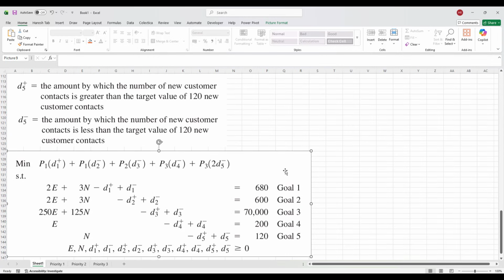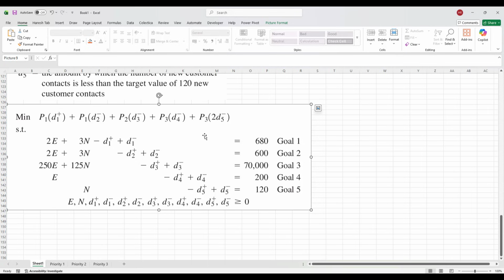So we can write the goal programming model in the combined form like this: minimize P1 D1 plus, plus P1 D2 minus, plus P2 D3 minus, plus P3 D4 minus, plus P3 2 D5 minus. Why have they taken 2?